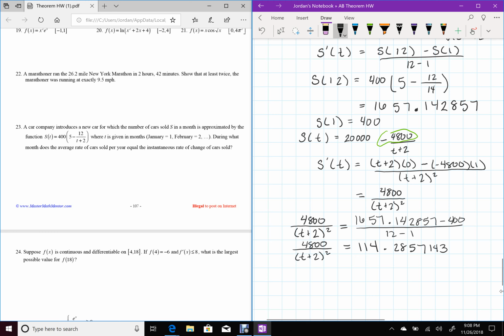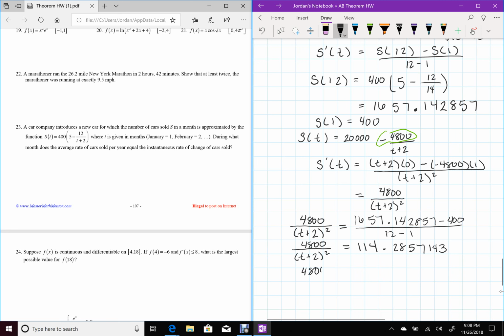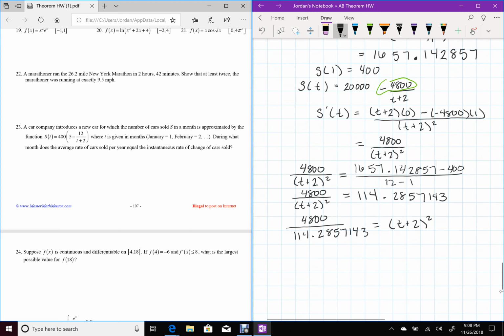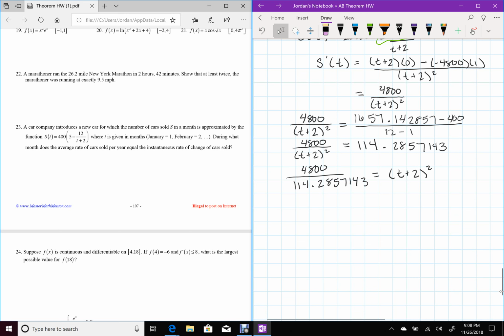So to solve this, I'm going to do 4,800 divided by 114.2857143 because I'm cross multiplying, and it'll equal t plus 2 squared. Entering this into my calculator to see if I get a better looking decimal. It's not.